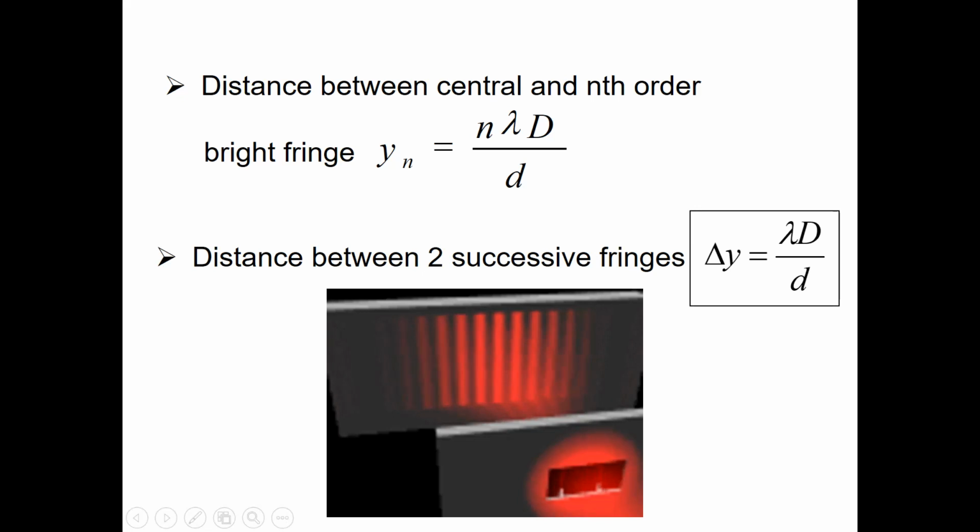Or you can look at the distance between successive fringes. If you focus on, say, the center and the first order, when d becomes smaller, the fringe separation actually increases. So that is the inverse relationship.